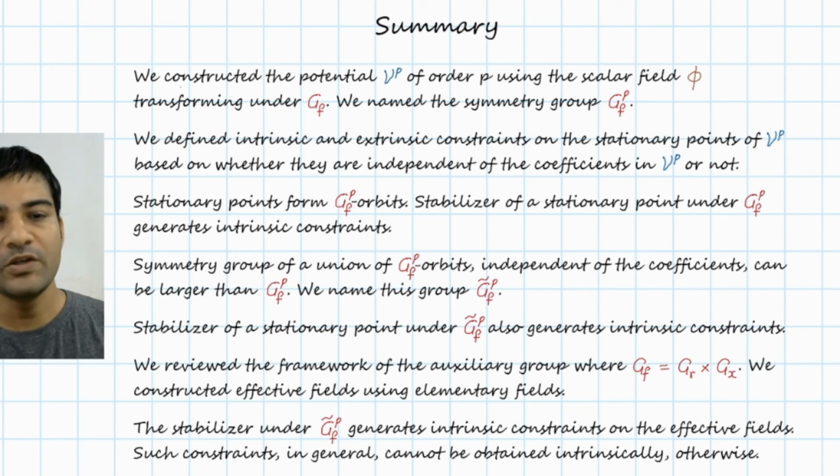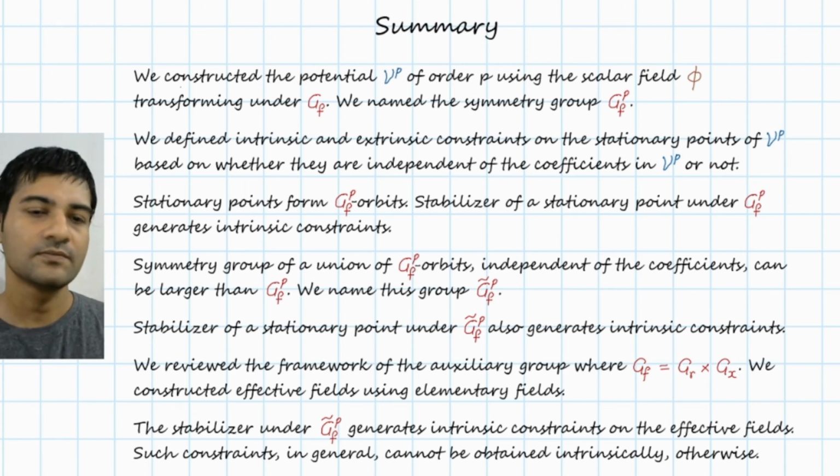Symmetry group of a union of GFP orbits independent of the coefficients can be larger than GFP. We name this group G tilde FP. Stabilizer of a stationary point under G tilde FP also generates intrinsic constraints.